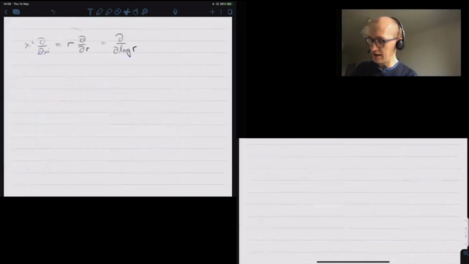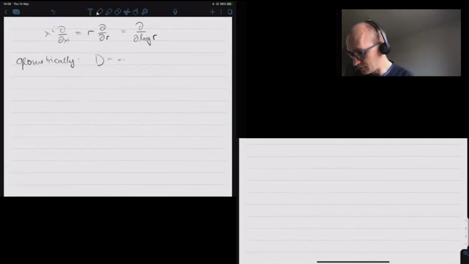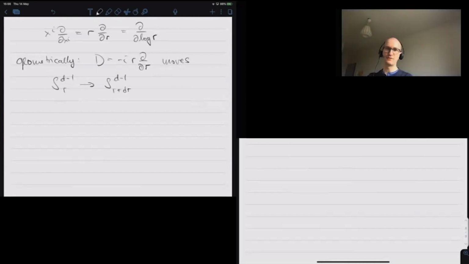So I have this relationship here. I remind you. So my conclusion, well, we know, geometrically, of course, it's obvious that d is equal to minus I r d by dr, which moves from an S^(d-1) at radius r, let's say, to an S^(d-1) of radius r plus a small dr. Okay, it moves radially outward.